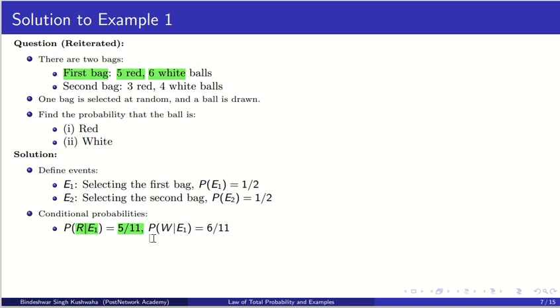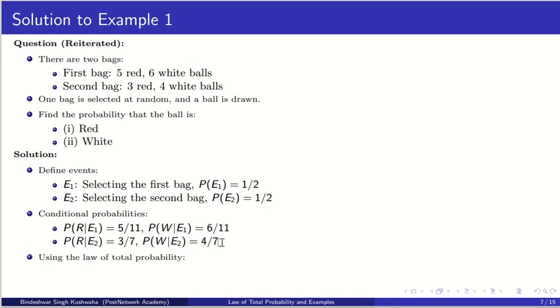And probability of white ball given E1 is 6 upon 11. For the second one also, probability of white ball given E2 is 4 upon 7.